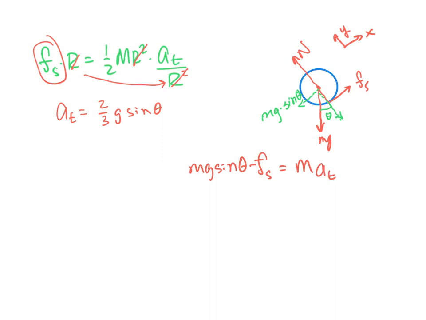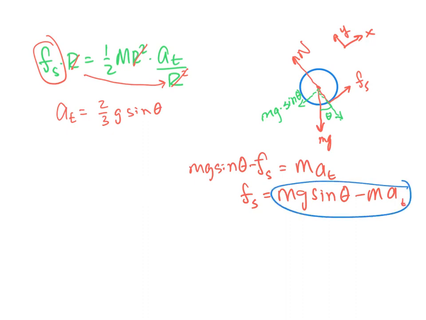Solving for Fs, it's equal to mg sine theta minus m at, other way around, sorry about that. So I'm going to substitute this in up here for Fs, and now I can solve that.